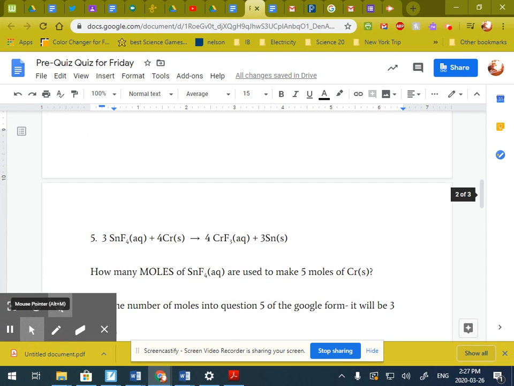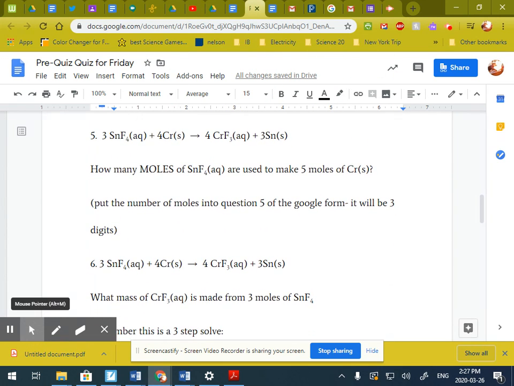Okay, question number 5 is another mole question. How many moles of SnF4 are used to make 5 moles of chromium? So we've got 5 moles here, okay? And it's asking us for moles tin fluoride, question mark, right there. That means this is our required, that's our given.